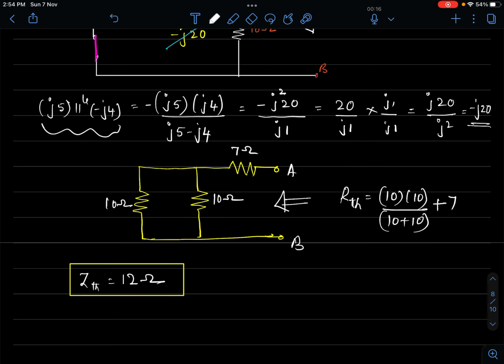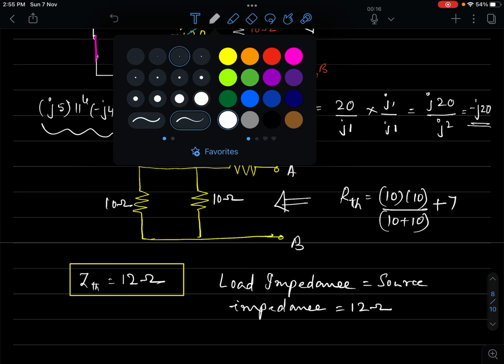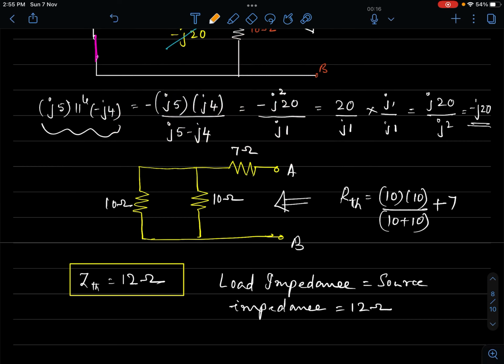So we are able to infer that the load resistance has to be equal to the source impedance, equal to 12 ohms. So load impedance should be equal to the source impedance, which is simply 12 ohms. Okay, so we are able to do one part.